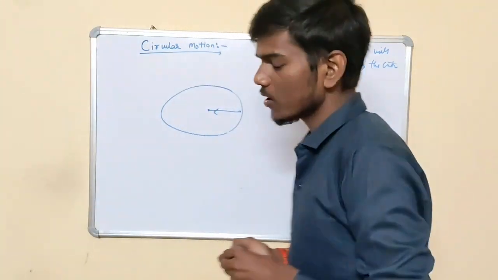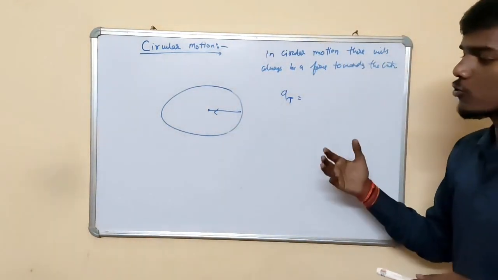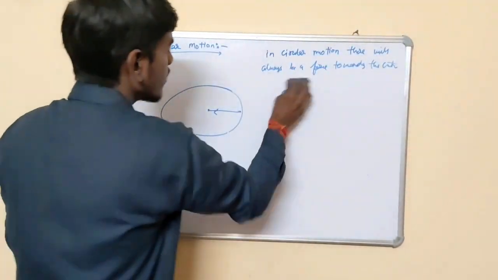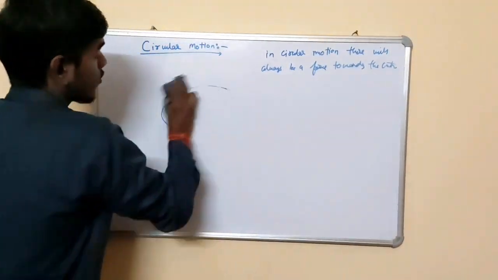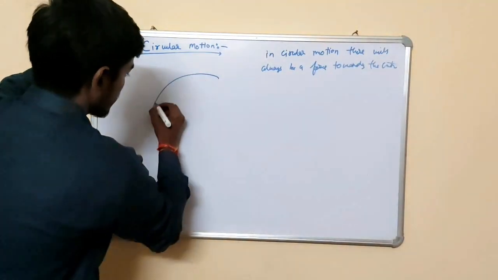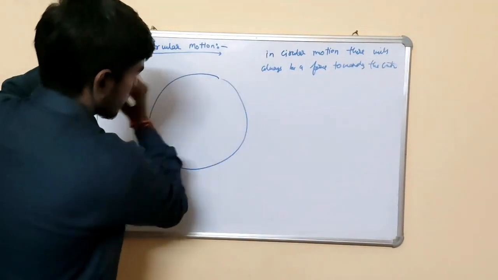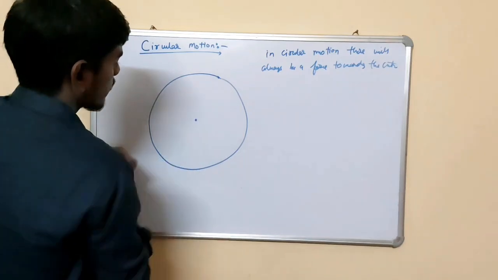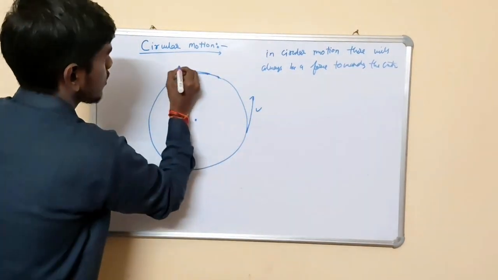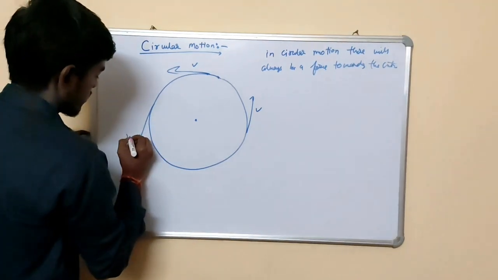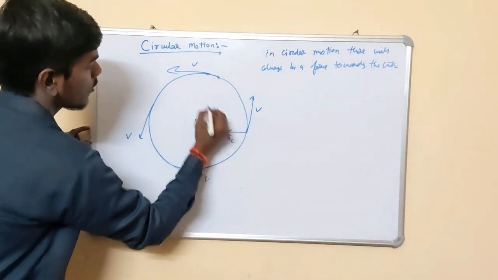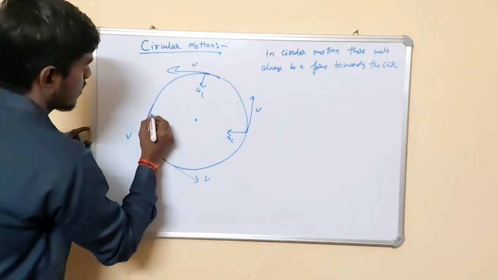Now come to the formulas. What is the formula for tangential acceleration and centripetal acceleration? Let me draw a nice figure. This is some circular motion being performed. At this point the velocity is like this, and the tangential acceleration is this. The centripetal acceleration will always be like this, AC.